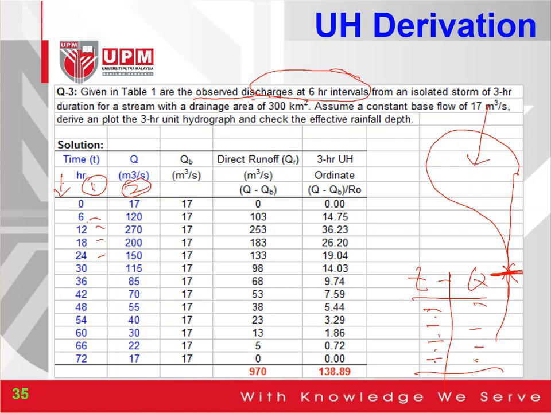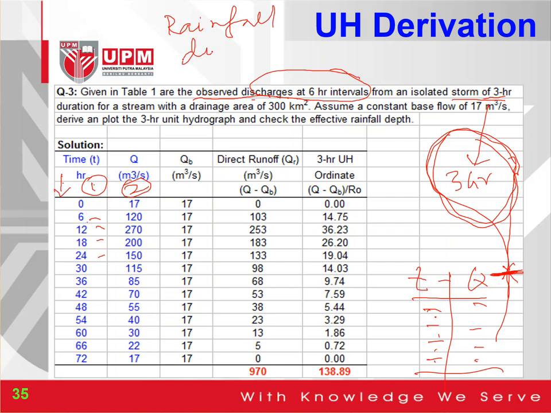From an isolated storm, there is some rainfall for 3 hours. So in this watershed, there was a rainfall, and that rainfall lasted 3 hours. This is called rainfall duration.